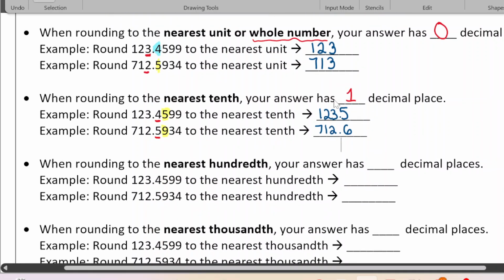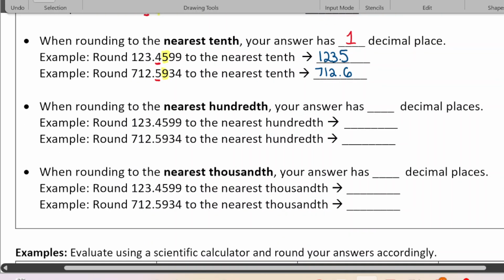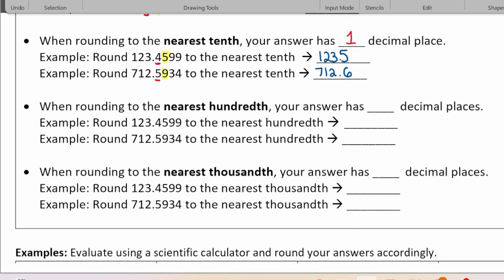All right, let's do some more examples. Rounding to the nearest hundredth. So hundredth, remember, is the second number after the decimal to the right. So we want to have 2 decimal places, 2 numbers after the decimal place. And this would be common for money, for example. We always have 2 numbers after the decimal place in money calculations.